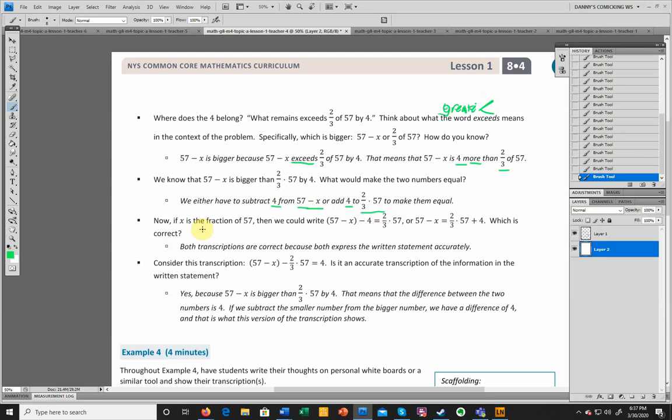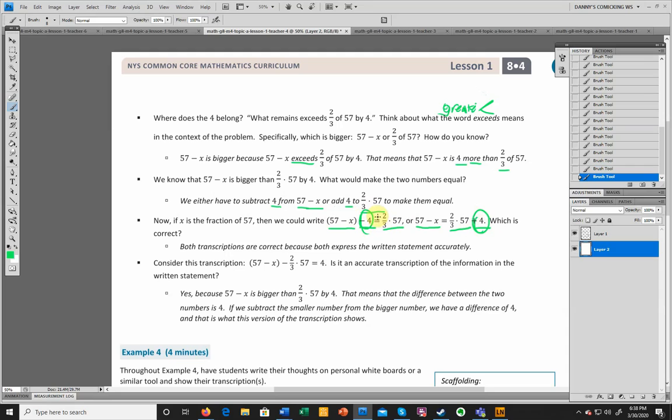Now, if x is the fraction of 57, then we could write 57 minus x in parentheses, because we do that first, minus 4 equals 2/3 times 57, or we could do 57 minus x equals 2/3 times 57 plus 4. So we could do the plus 4 on this side of the equation, or we could do the minus 4 on this side of the equation.